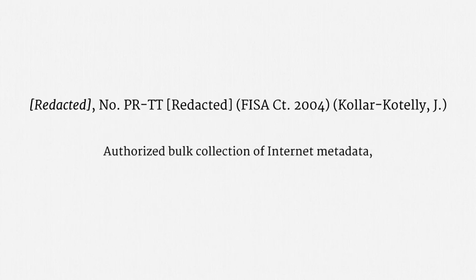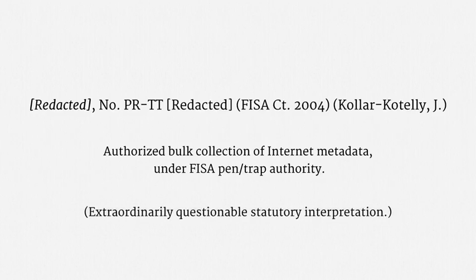In a 2004 opinion, Judge Kollar-Kotelly of the FISA Court authorized bulk collection of Internet metadata under FISA pen trap authority. We're going to look at that program in the next part of the course. For now, I want to emphasize the extraordinarily questionable statutory interpretation that the executive branch proposed and that the FISA Court accepted.